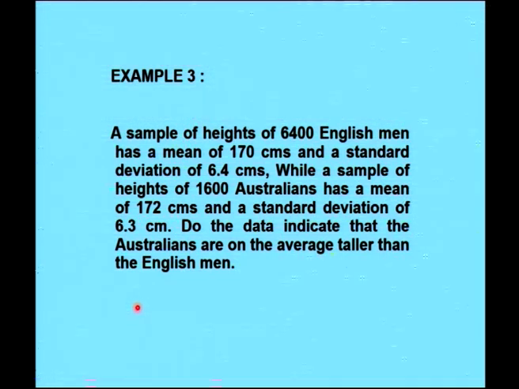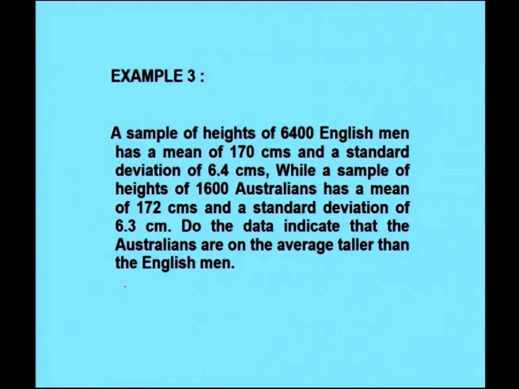We will go ahead with testing the significance between the Australians and Englishmen using large sample test for difference of means. First of all, let me write down all the values given in the question. That is, the whole paragraph will be now turned mathematically. It is clear there are two types of samples given. One is Englishmen and another one is Australians.